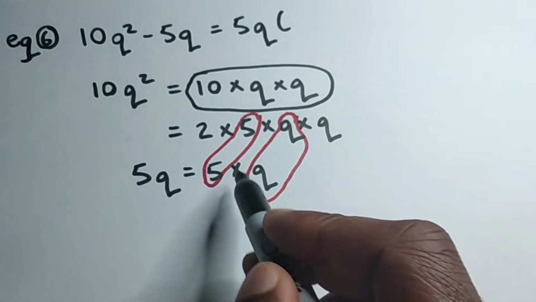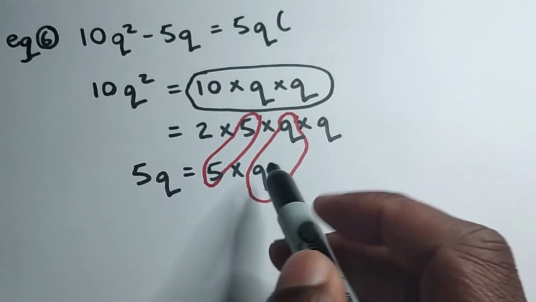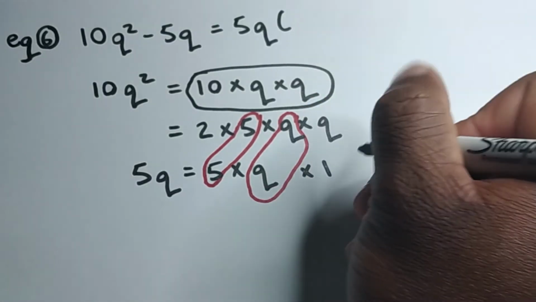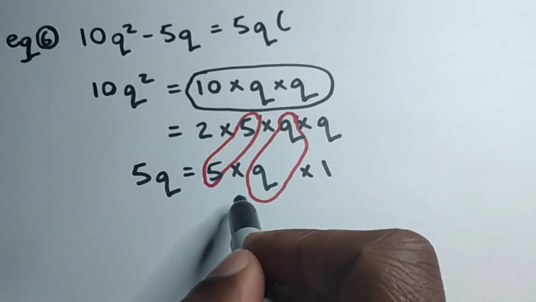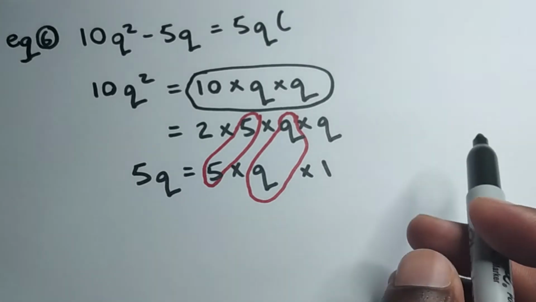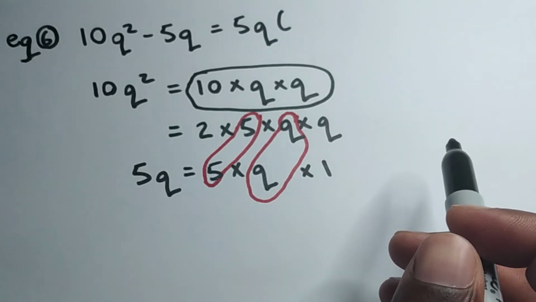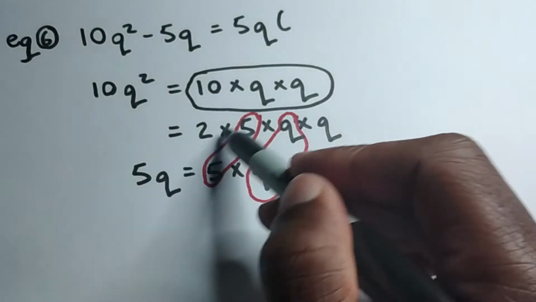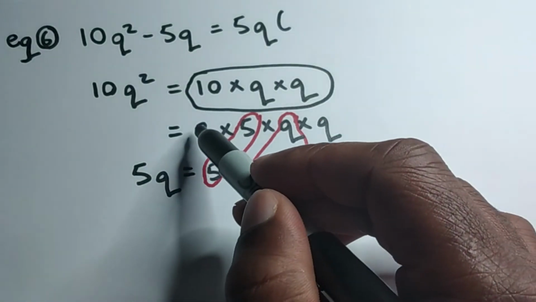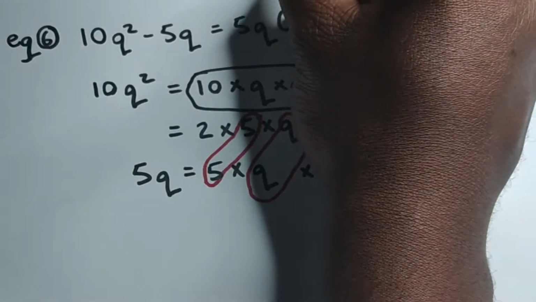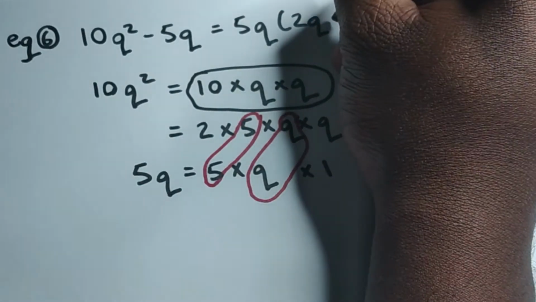And what I want to add to this, 5 times Q, is that we can also multiply this by 1. All right. And 1 doesn't change the value of anything. I'll explain further on why I did that, so you can better understand the result that we'll obtain. So after we factored out 5Q out of this particular expression, we're left with 2Q. All right, 2Q. And again, we bring back the minus sign right here.